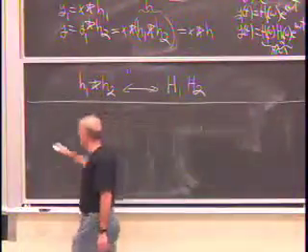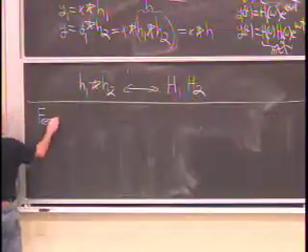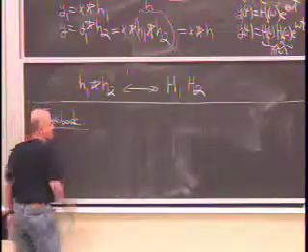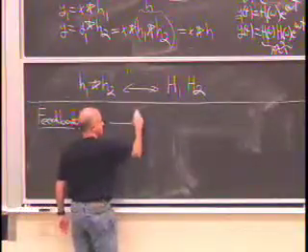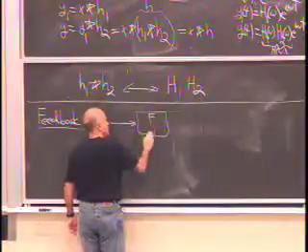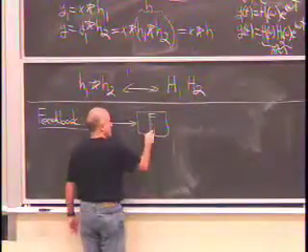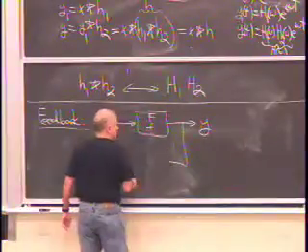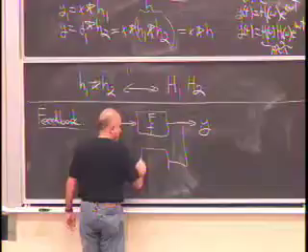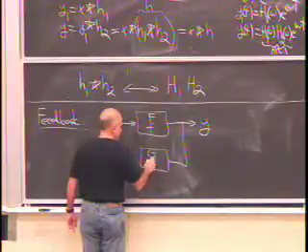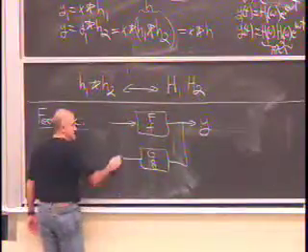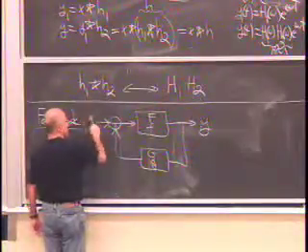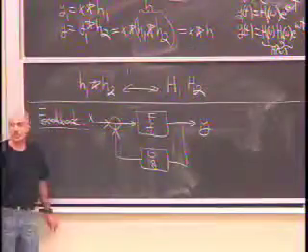Now we get to feedback. So here I have a system F with frequency response F and impulse response small f. I take y, I send it through another LTI system, G, and I mix it with the input signal.